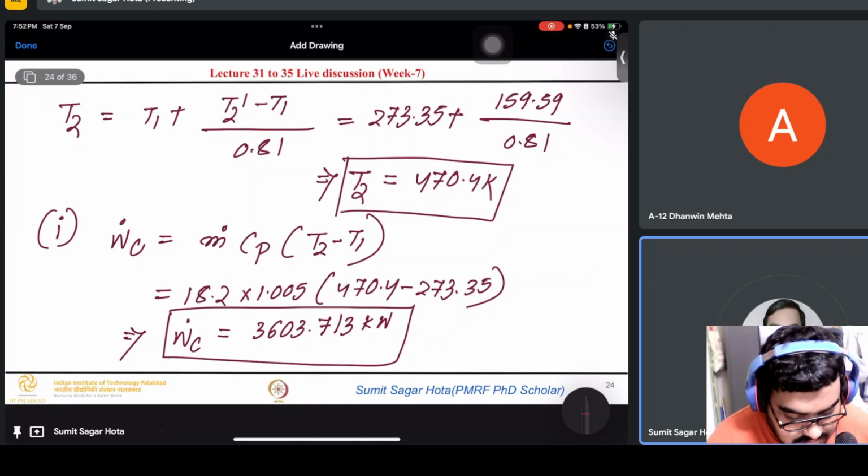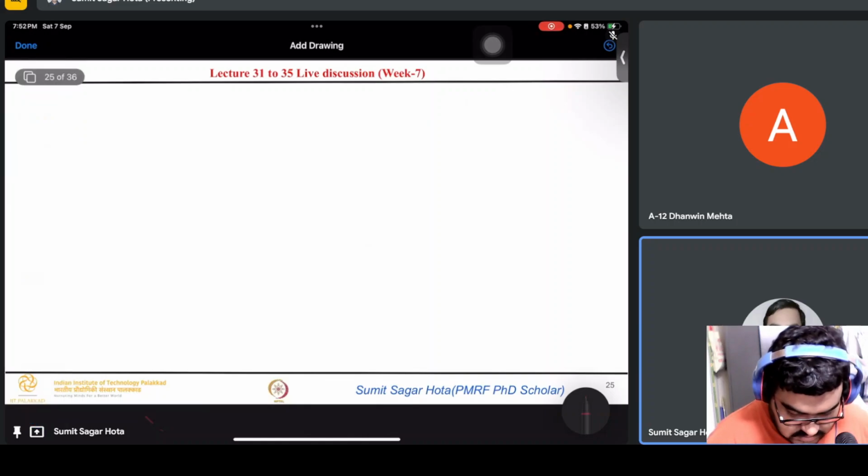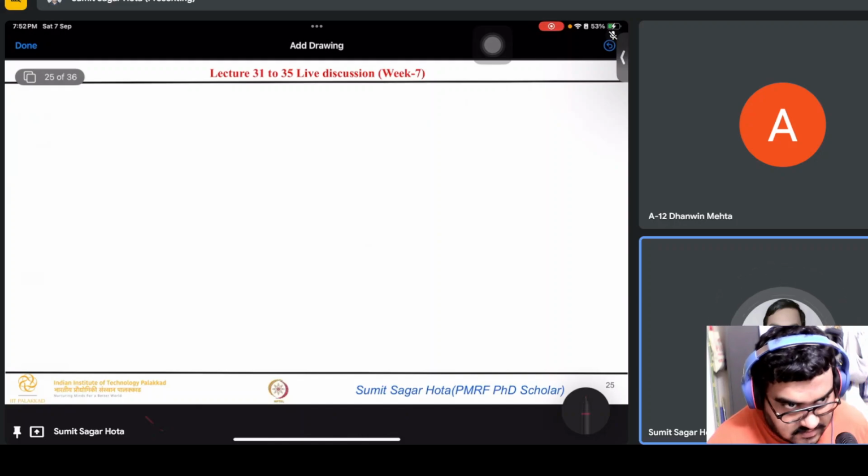Similar way we can also calculate the fuel to air ratio. So how you can calculate? You can calculate it from the formula of heat addition.